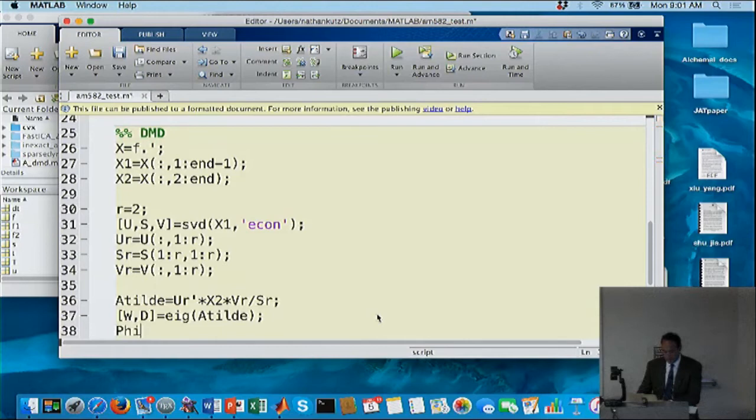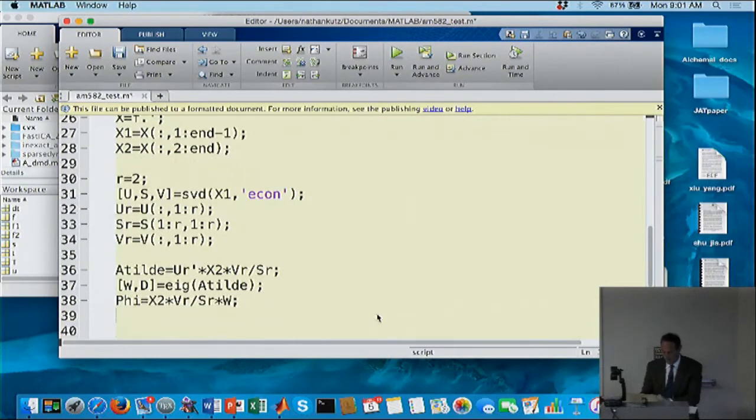And if you want to get back to real space, these are going to be the DMD modes: it's x2 times VR. There it is. So phi contains my DMD modes. Kind of as simple as this: SVD, look at the similarity transform variable there, eigenvalues, project back out to real space.